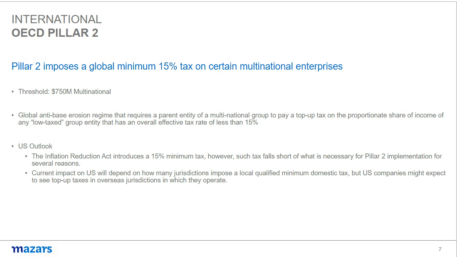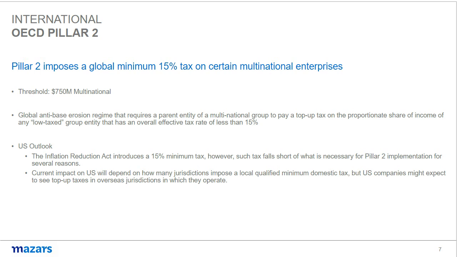We just had the Inflation Reduction Act, which introduced a 15% minimum tax, but for various reasons that falls short of what would be necessary to implement Pillar 2 in terms of actually computing the amount, applying various credits, and also applying it on a jurisdiction-by-jurisdiction basis.